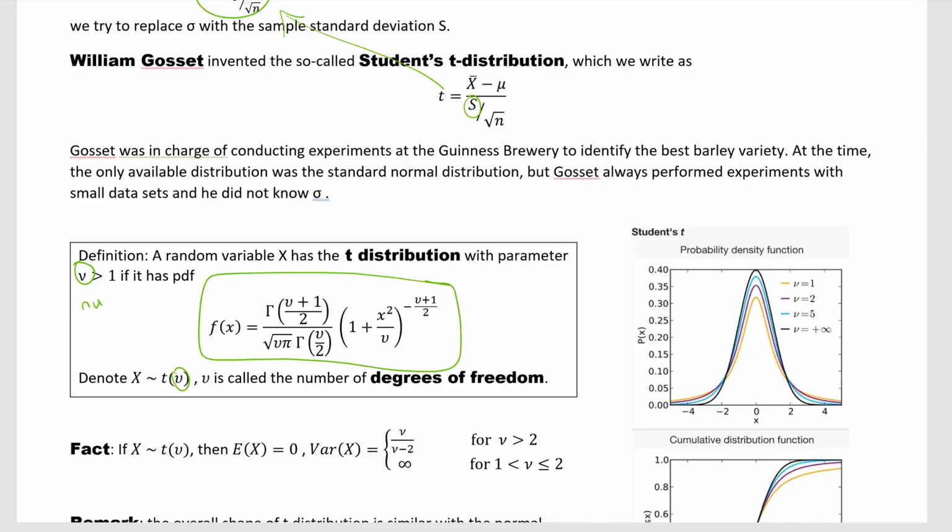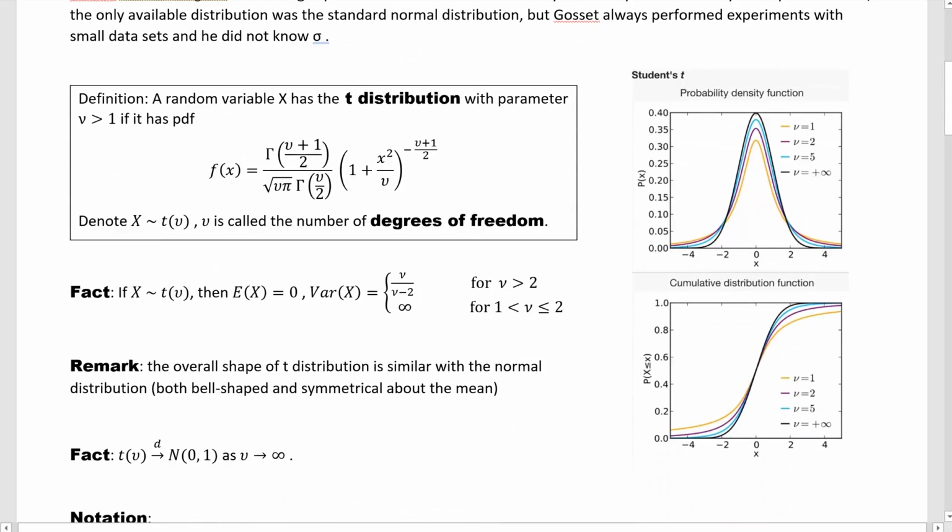So nu is called the degree of freedom. Maybe you get scared with this fancy complicated PDF. Don't worry, we don't use the PDF to calculate. We use the CDF to calculate. All right, so that's the t-distribution.